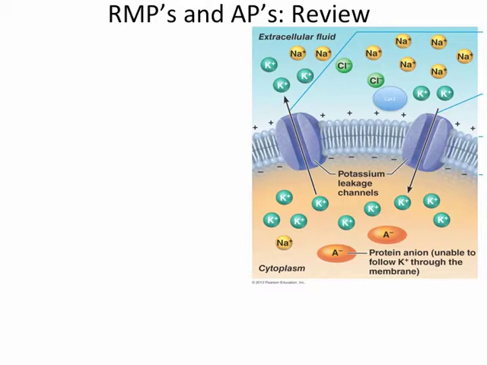In this cartoon, it calls these channels in the plasma membrane potassium leak channels, but you know from 201 that there's not only potassium leak channels, there's sodium leak channels, and then there's the famous sodium-potassium ATPase, or pump.